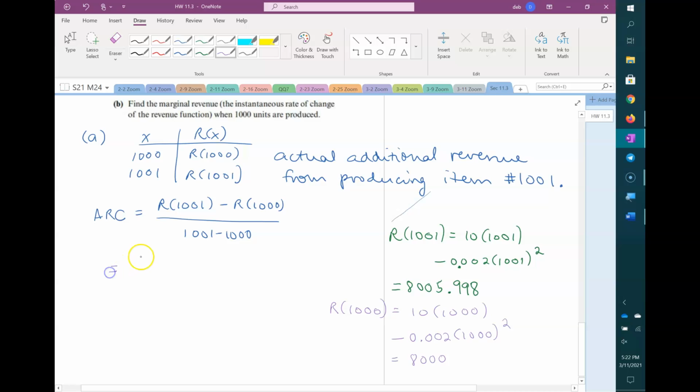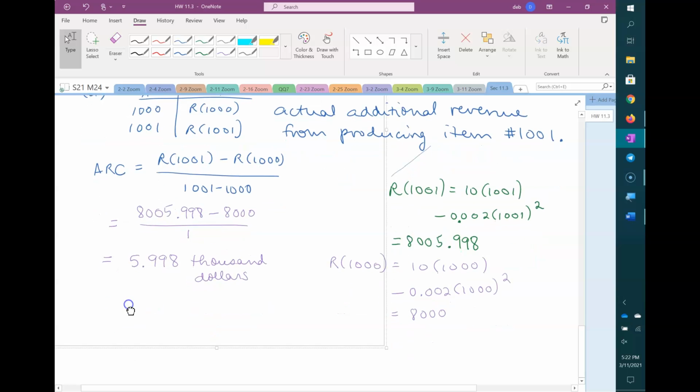So my average rate of change is going to be 8,005.998 minus 8,000 over 1. So it's going to be 5.998 thousand dollars. Well, that just looks kind of awkward to me.